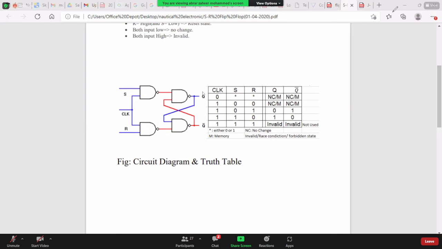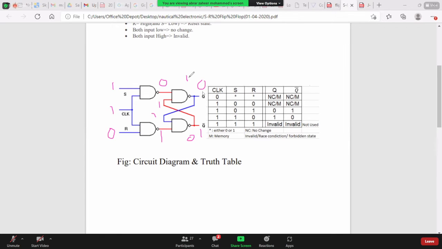This is the next case now. When S is 1 and R is 0 and clock is 1, 1 into 1, output of this NAND gate is 0. 1 into 0, output of this NAND gate is 1. This was Q is 0 and Q bar is 1. So this one will go here, 1 into 0, output here is 1. And this one will come here, 1 into 1, output here is 0.